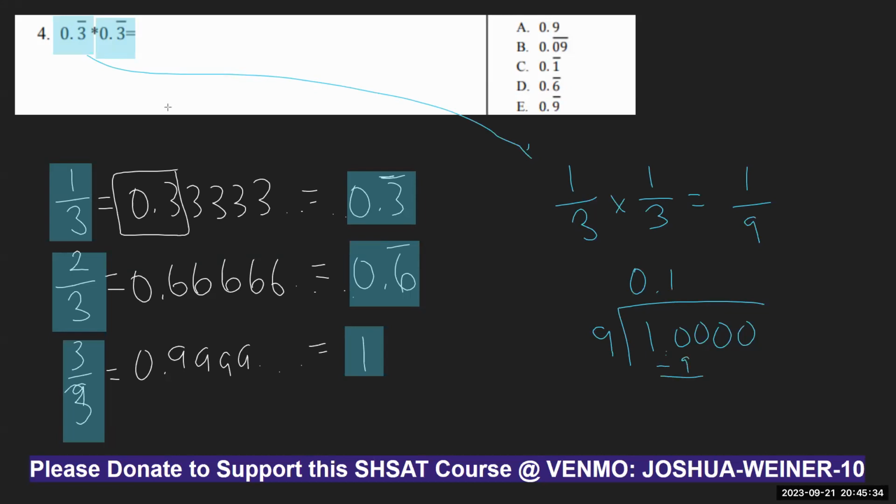Subtract 9, and we get 1 remainder. Bring down a 0. 9 goes into 10 one time. Subtract 9, you get a 1 left over every time. So it's going to be 0.11111 forever and ever. So we write that as 0.1 bar, because that's the repeating decimal, 0.1. The correct answer was C.